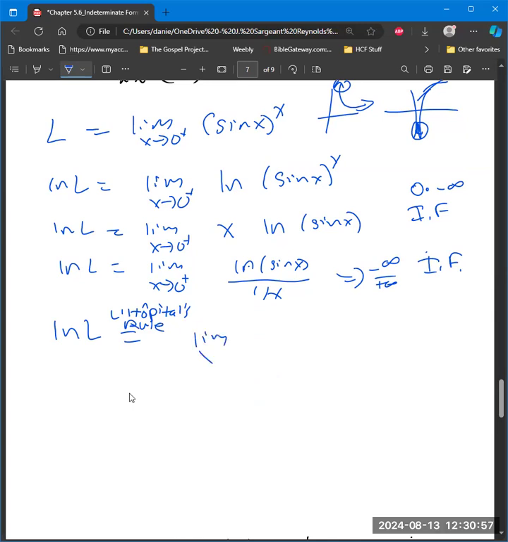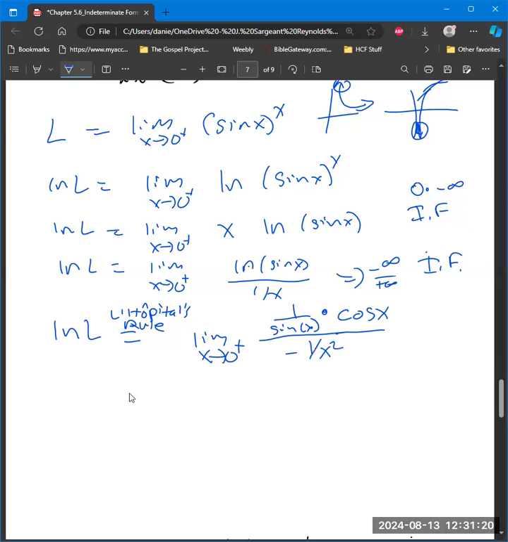The limit as x approaches 0 from the right. The derivative of ln is 1 over that times the derivative of what's inside, like that, and this is negative 1 over x squared.